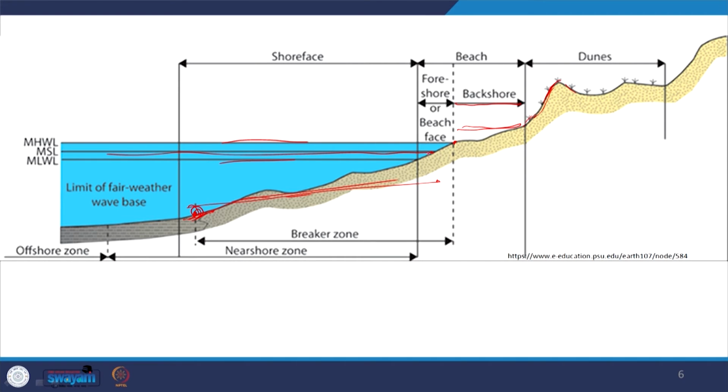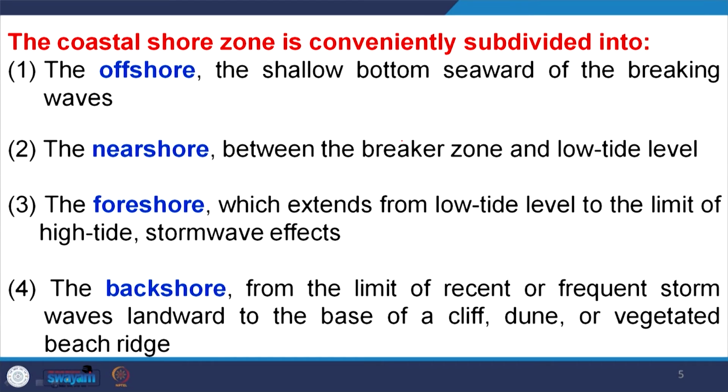So, this region from here to here is called the breaker zone. And similarly, from high tide to low tide, this is the littoral zone, or it is otherwise called the foreshore region.